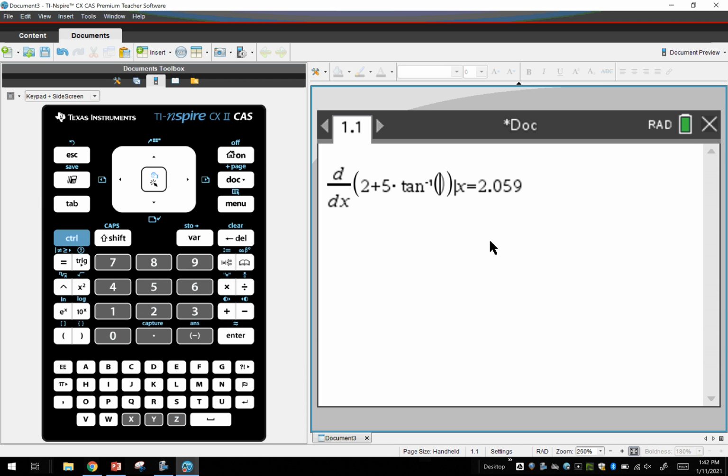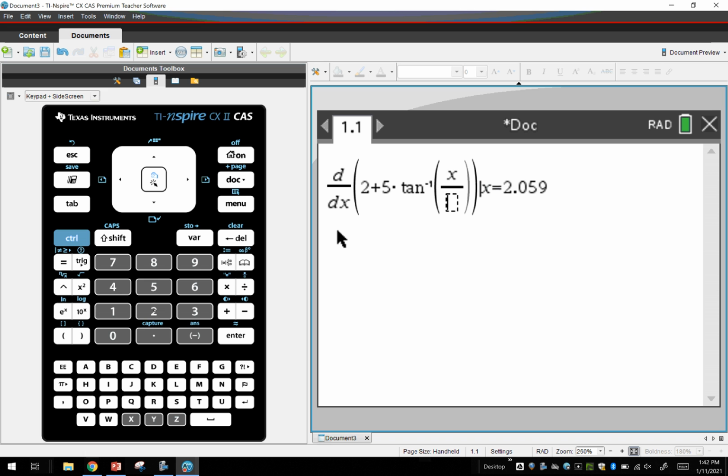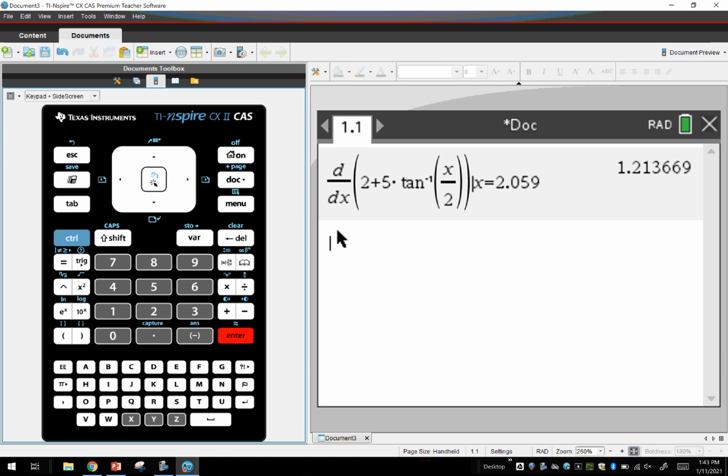So explicitly say I'm taking 5 times my tan inverse, and ours is x over 2. Hit enter, and you end up with 1.21. So again, let the calculator do the heavy lifting. The calculator in the background, it's finding the derivative and inputting your value of 2.059.